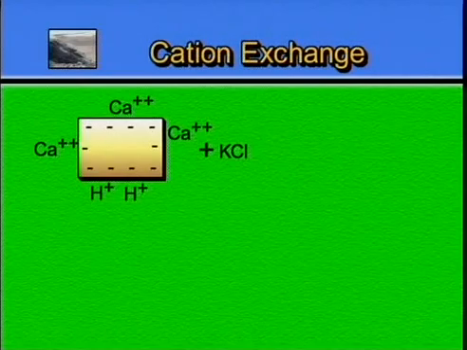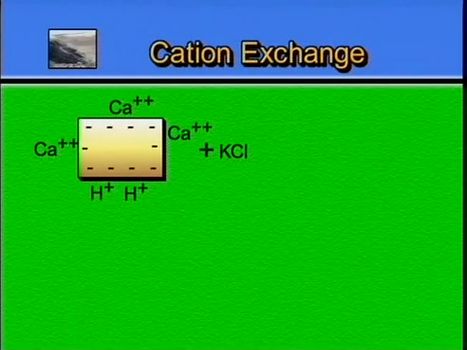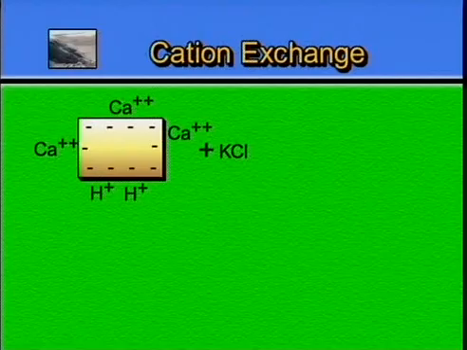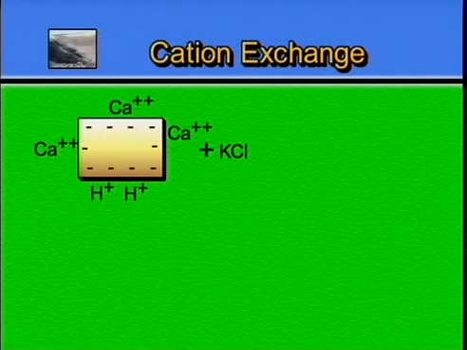This would be a very great concentration increase in the immediate area where that fertilizer had been applied to the soil. What will happen? Well, the process of cation exchange will take place to try to reach a new equilibrium in this soil.